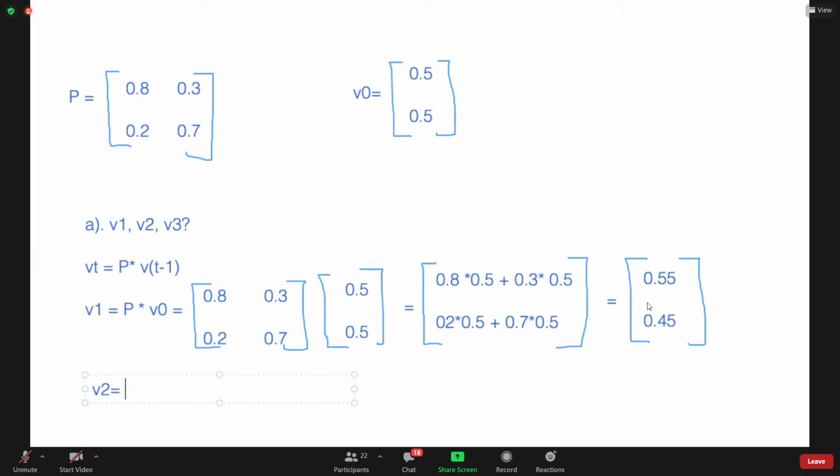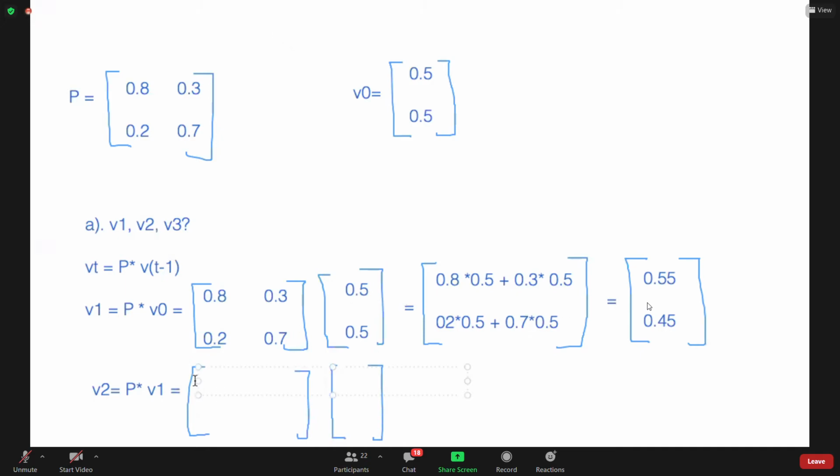V2 will be equal to, again, the transition matrix P multiplied by, this time, V1, because this is the state that has come before V2. What is this going to be? Again, our transition matrix, which is going to be the same, this time multiplied by the vector V1.